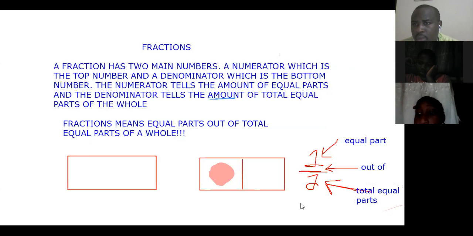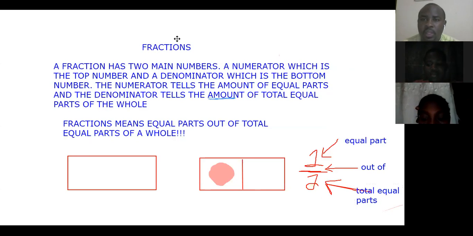Yes, sir. Go ahead. Question? Sure, so if this part is shaded, the part that you have to shade is right here, and this part is equal, it's still going to be one out of two, right, sir? Which part? The shaded part, because there are 2 equal parts.